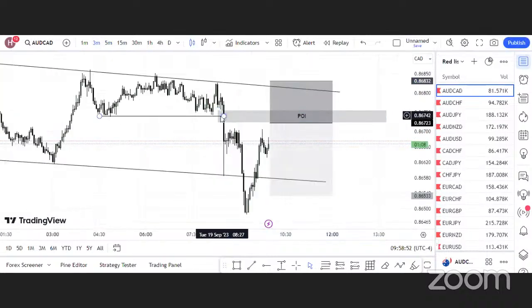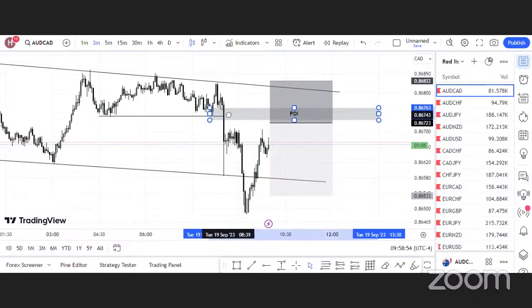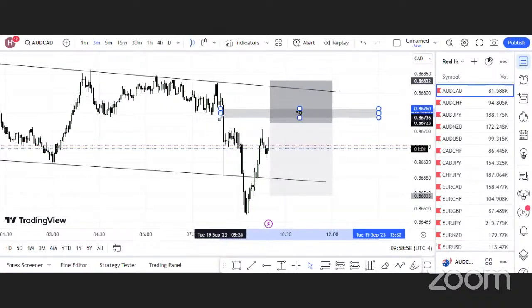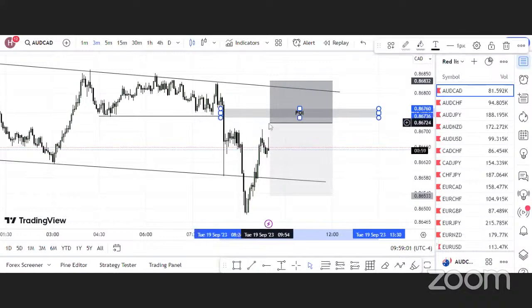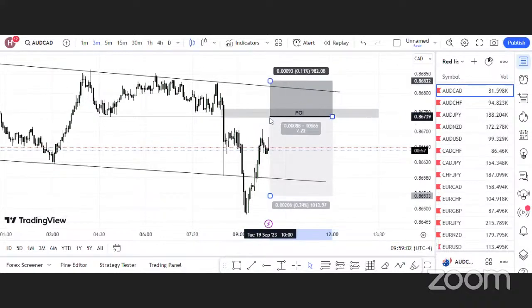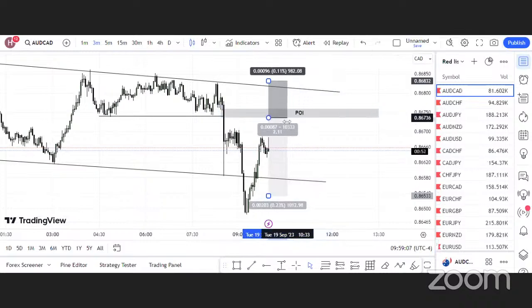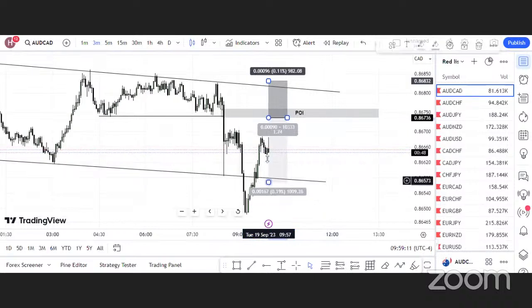Let's set a sell limit on this. So this will be coming to this area.